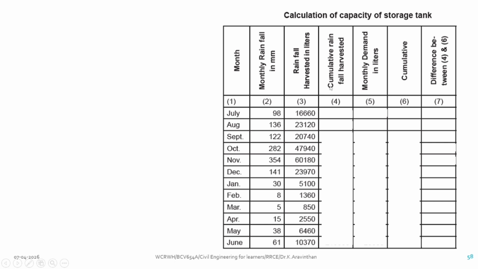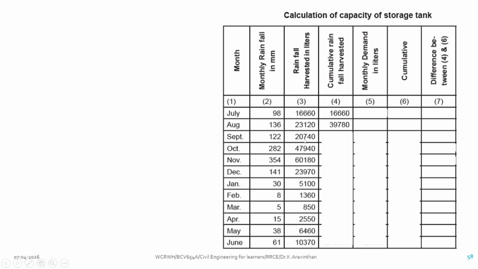Now, the cumulative harvested rainfall: during the July month you will have 16,660 liters of water. In August, 16,660 plus 23,120 liters, so cumulatively it will be 39,780 liters.